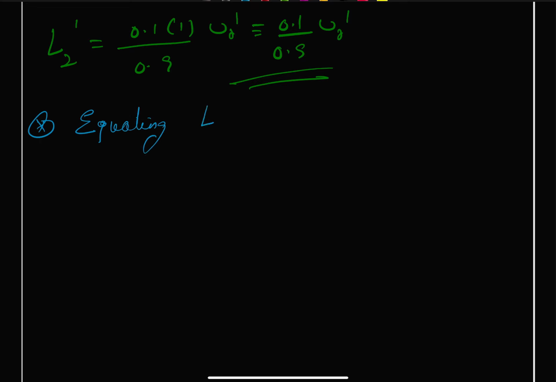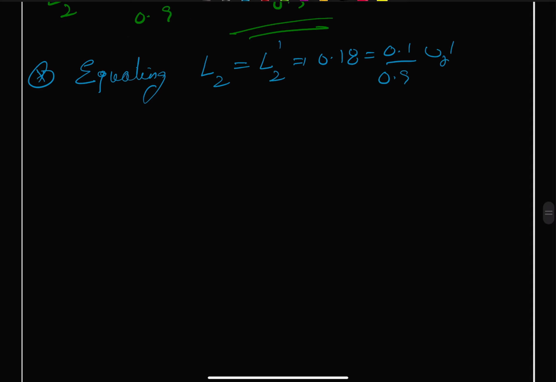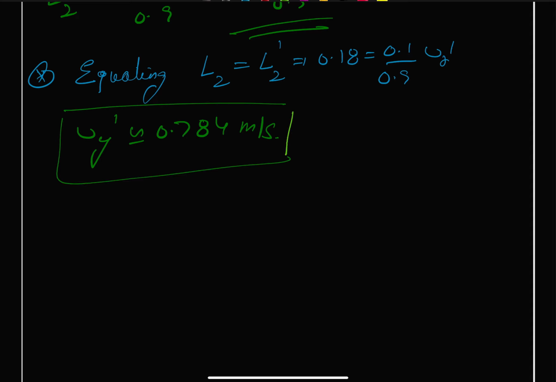Equating Lz is equal to Lz prime, which gives us 0.18 is equal to 0.1 over 0.9 vx prime, and this gives us that our vx prime will be approximately equal to 0.784 meter per second.